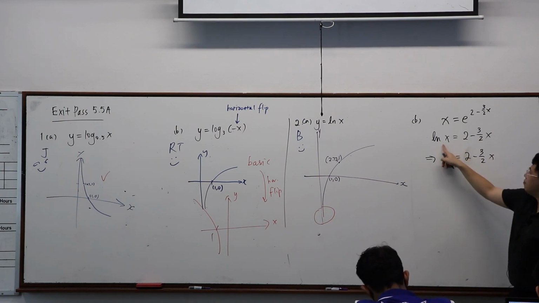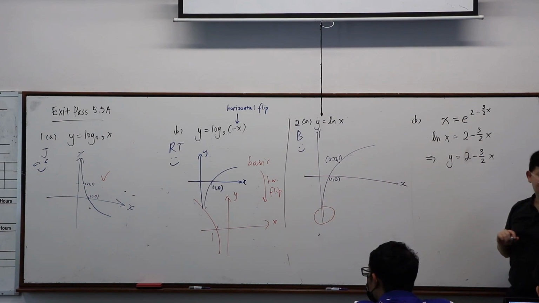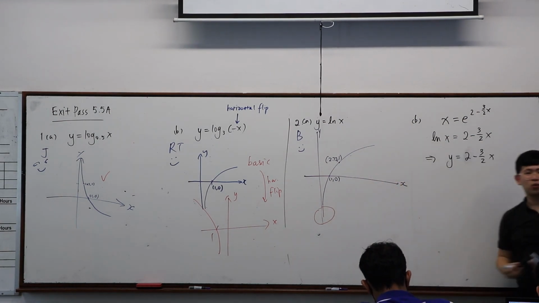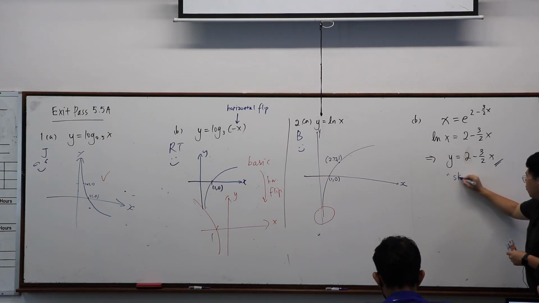So this is actually the graph that I need to draw, 2 minus 3 over 2x. I just need to draw this one to match. After drawing this line, you have two intersections and then you get your solution. So this is the final answer. This one is actually a skill from AMath.